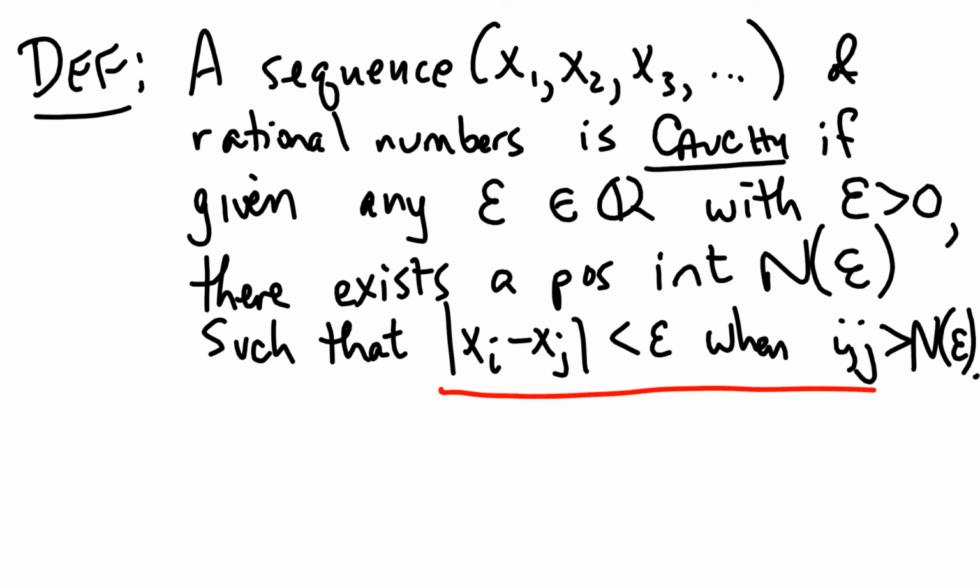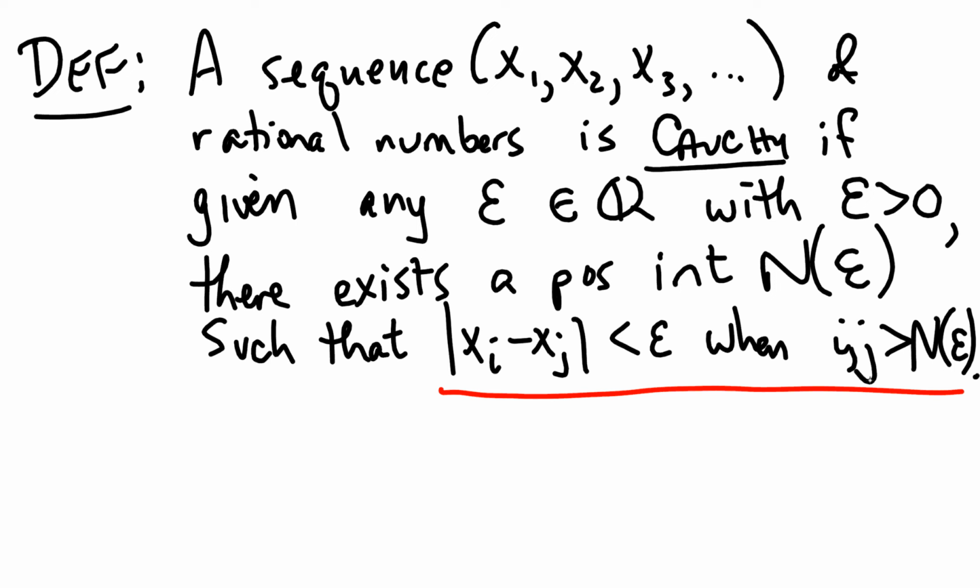What does this say? Okay, so I pick some teeny tiny number like 0.1. It's a rational number that's positive. There is some n such that the distance between any two of these numbers is less than 0.1 whenever I get big enough. So if epsilon is 0.01, then n of epsilon is greater than if epsilon is 0.1.